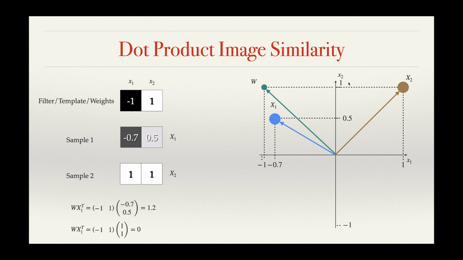Now, x1 and x2 are scaled between -1 and 1, and this is why scaling or normalization is important for the dot product. Here, for example, we have -1 and 1, and -1 and 1. This is the range of x1 and x2, the possible values. 1 means total white.